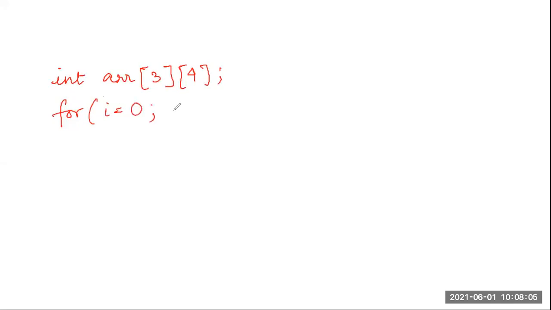So i equal to 0, i less than 3, i plus plus, this will run. Now this first loop will indicate my rows. Since first I have declared rows, the first loop which I will be writing will have to be accessing my rows.